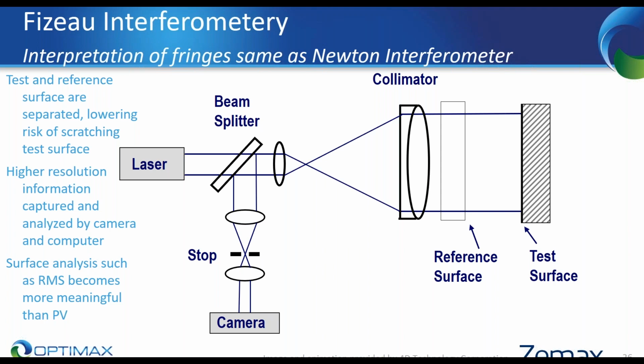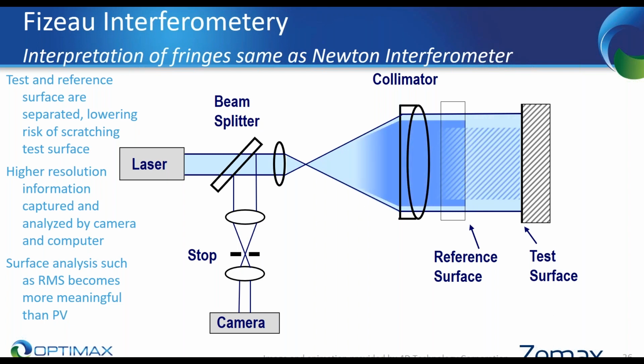This lowers the risk of scratching the test surface. It is always a fear that anytime you are touching an optical surface, you increase the risk of some type of defect being placed on the surface. There's nothing worse than having your surface almost reaching the convergence of all of your specifications and picking up a scratch. So this is something that helps minimize that risk.